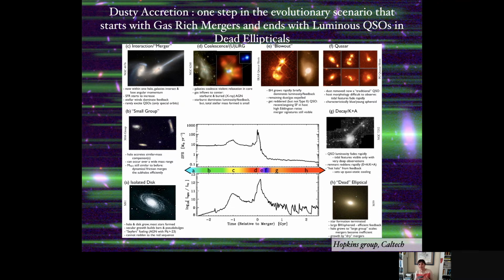So in this scenario, obscured AGN are quite important. I must say that this is not the only scenario that explains either the quenching of galaxies or this correlation between the central supermassive black hole and the host galaxy.